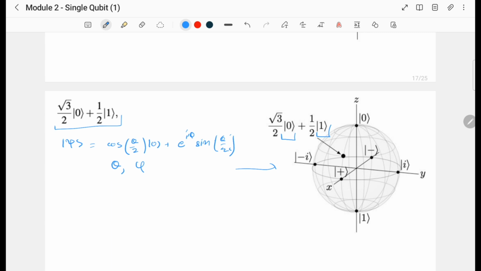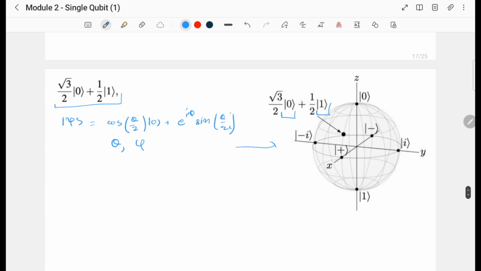If I choose to plot it in the x basis, I would represent my psi as alpha |+> plus beta |->. And when I try to plot it, I will get the same point again, because the state doesn't care which basis I'm plotting it in.